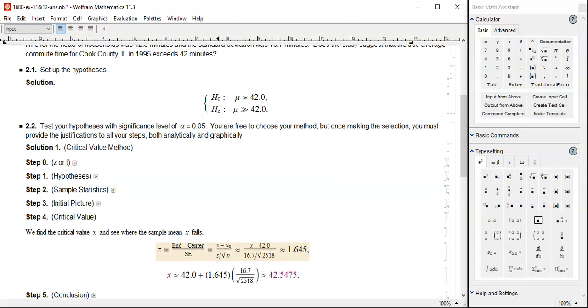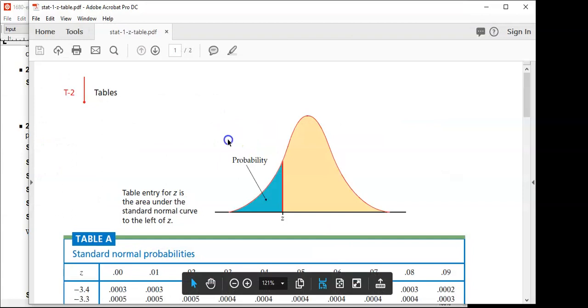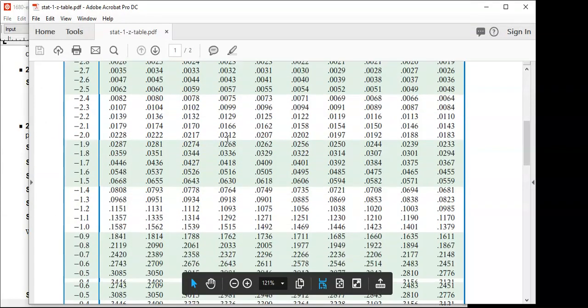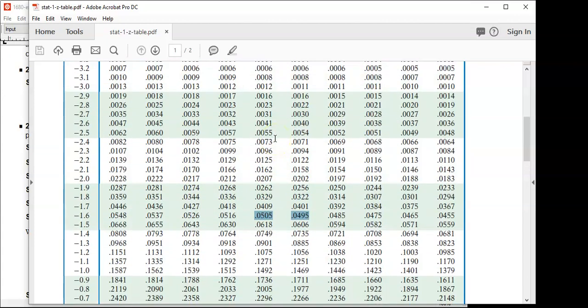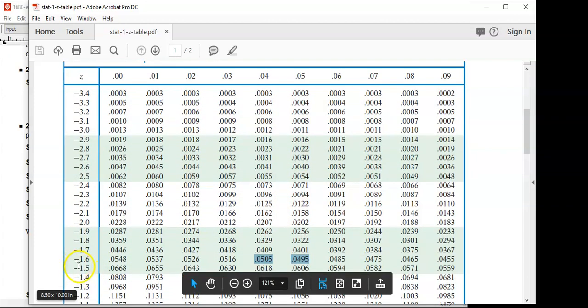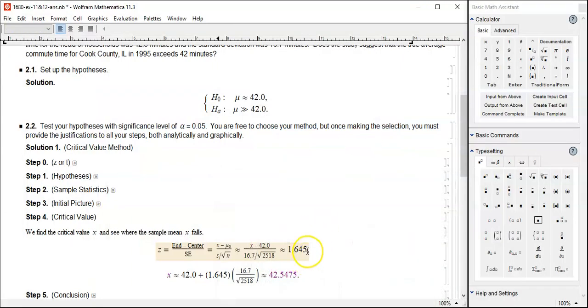1.645. Let's go to the z table again. Let's go to 5%. Yeah, okay, right here. 0.0505 or 0.0495, and that's associated to negative 1.645. And this is to the right again, so positive 1.645, just by symmetry.